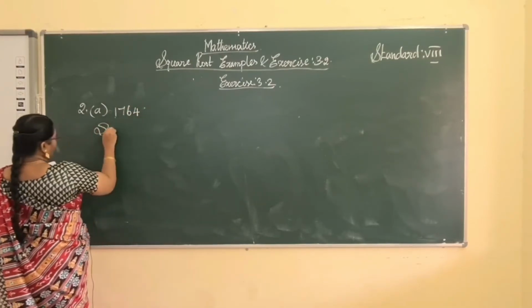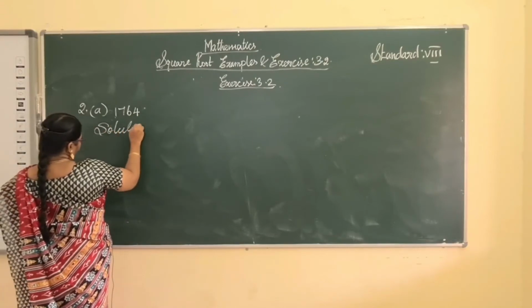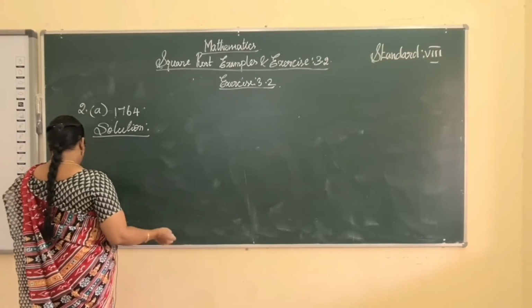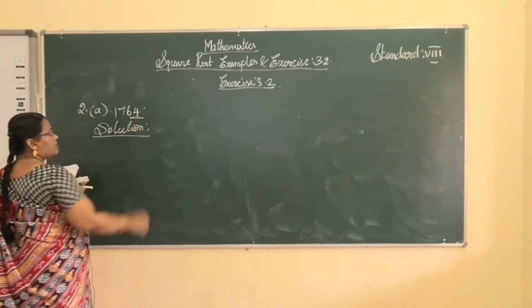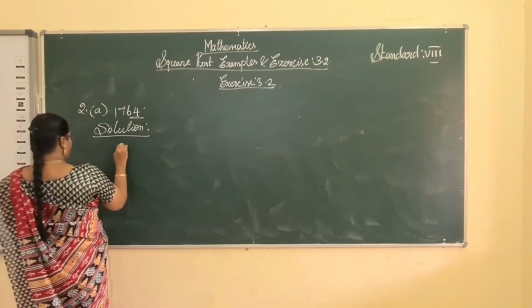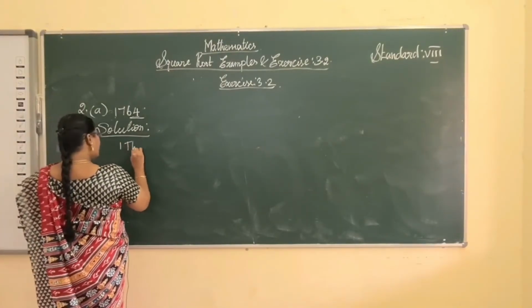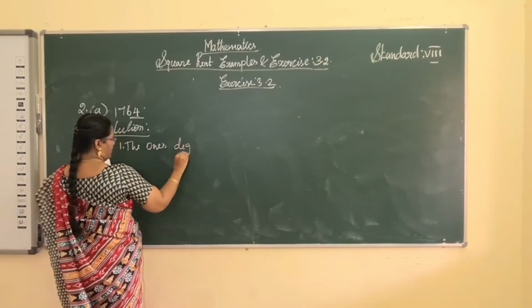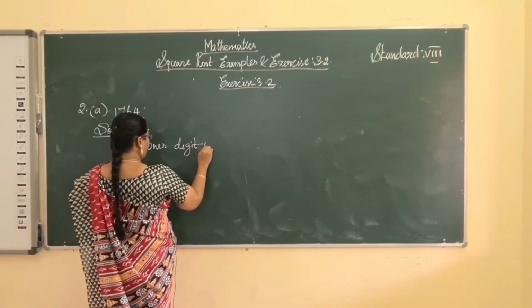So first, see the ones place. The first point is the ones digit. What is the ones digit of the number?